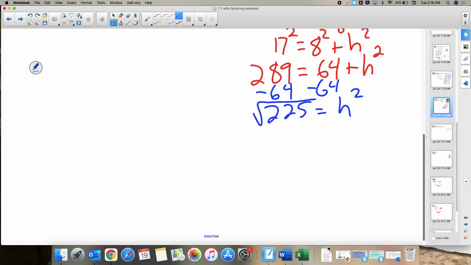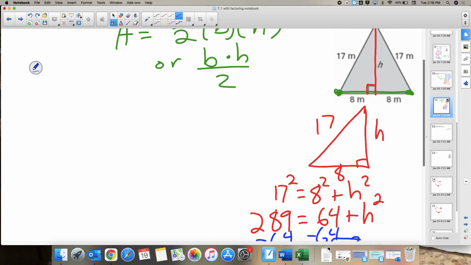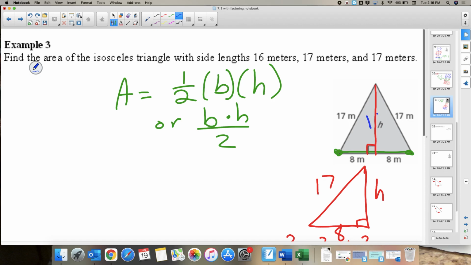So then finally we take the square root of each side. We get our h to be 15. So there's our height. Our height we just found to be 15. So we get 1/2. The base, the whole base here is 16.